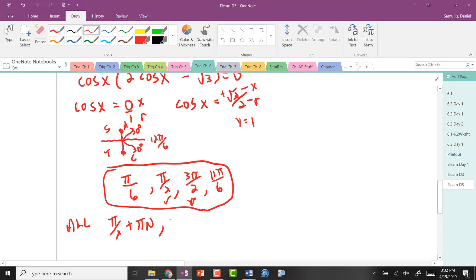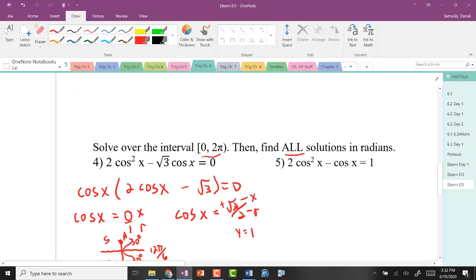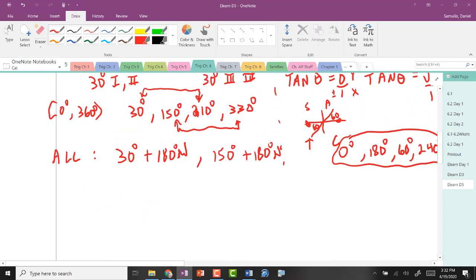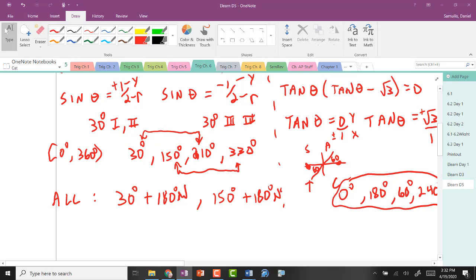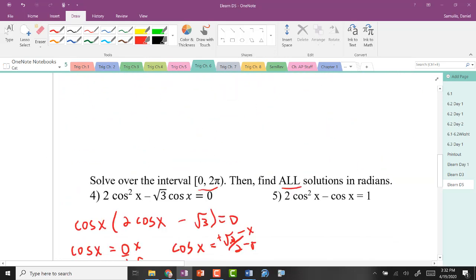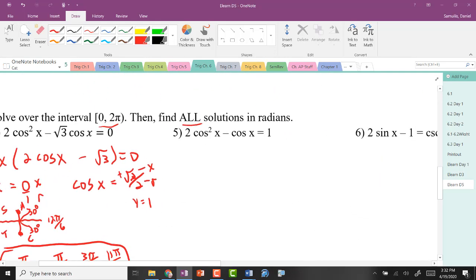So what's nice about that is you just get to say pi over 6 plus 2 pi n. That generates all answers that will land on that spot. And then 11 pi over 6. This is the kind of question where you can just go ahead and tack the 2 pi n's on. We had some special ones in the first case when we had degrees where both sets of answers were 180 away, so I can do that. These I cannot. So, all right.